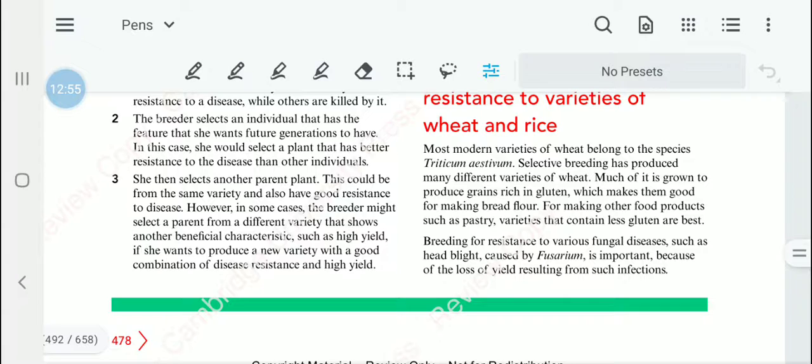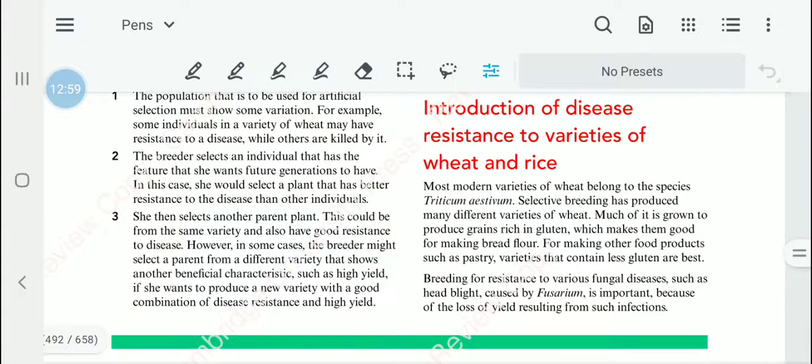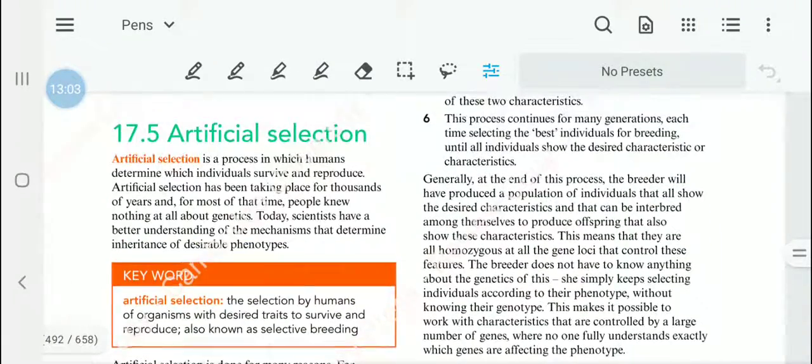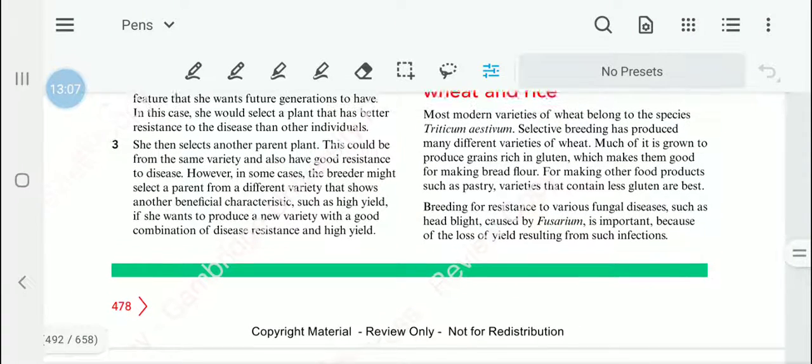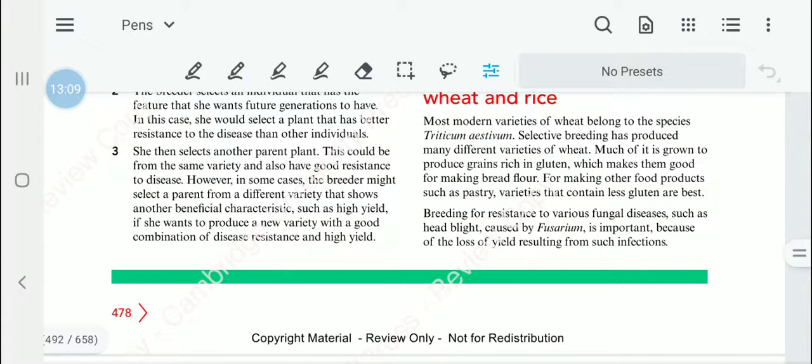So this is actually done by artificial breeding. That is something that you need: artificial selection and artificial breeding. This breeding will have to be controlled in a regular pattern to bring out the desired results.